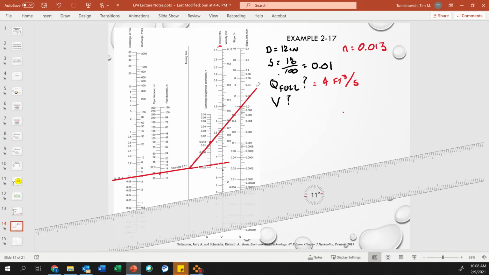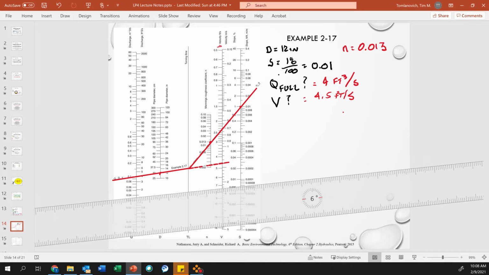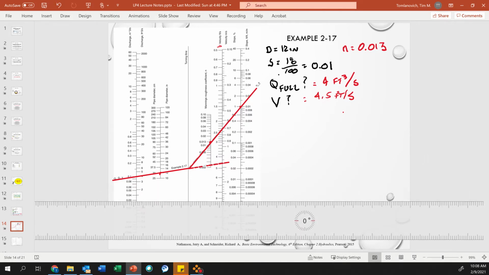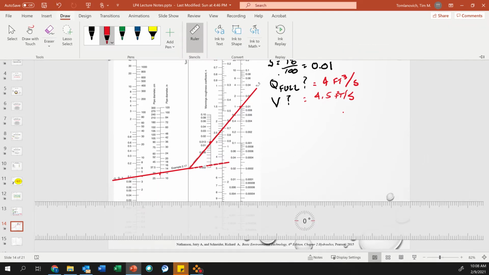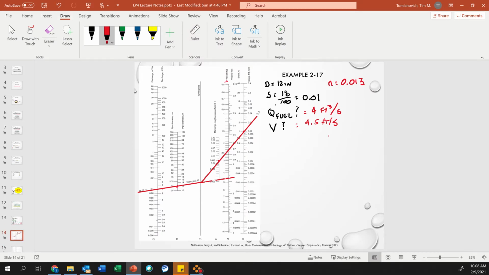That's 4, that's 5, so it looks like about 4.5 feet per second. Now let's plug this information into the Manning's equation to see how close we come to our answer. That's using the nomograph.